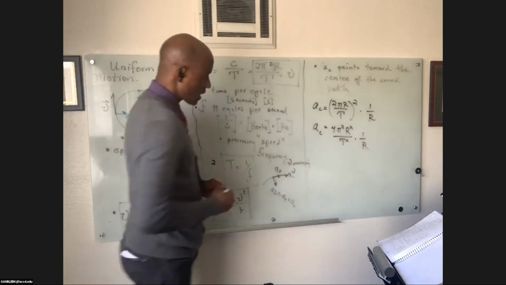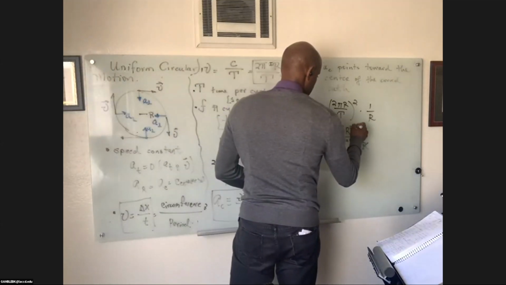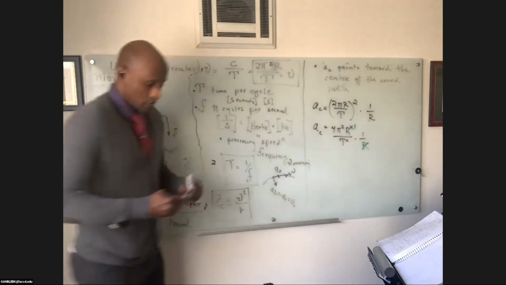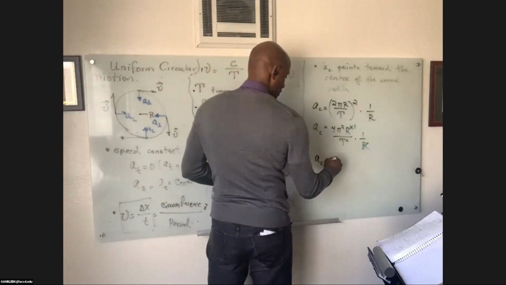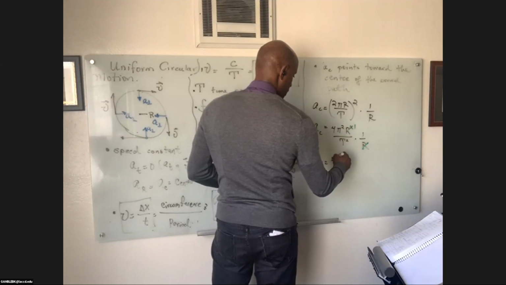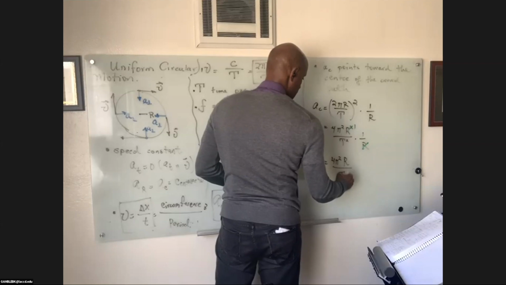One of the radii cancels, so you can say that the centripetal acceleration is equal to 4 pi squared r divided by the period squared.